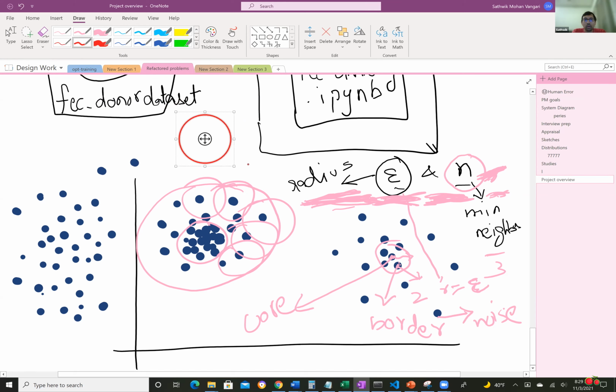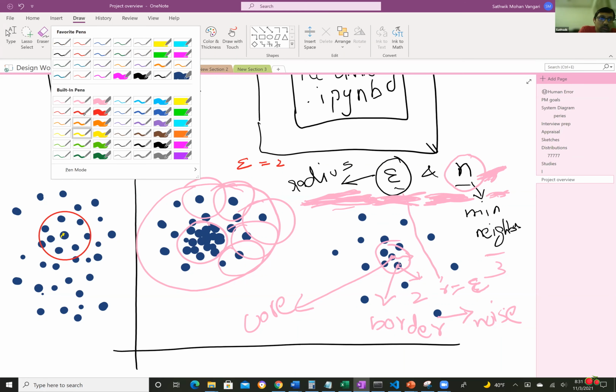Okay. Now I drew a circle over here, and let's say this epsilon here is equal to 2, which means the radius of this circle is 2. Let's assume that. Now, I'm assuming that's the point that I want to look at, and this is my circle of radius epsilon.